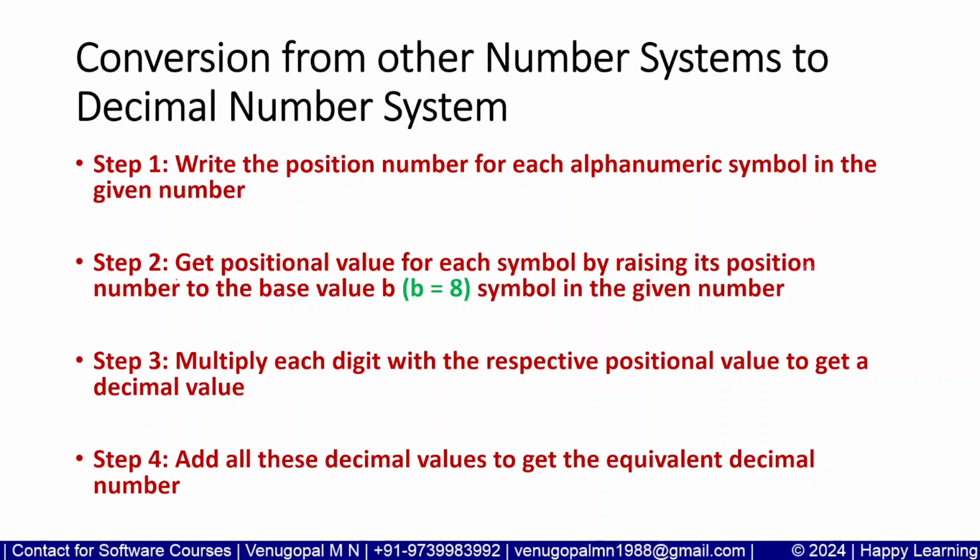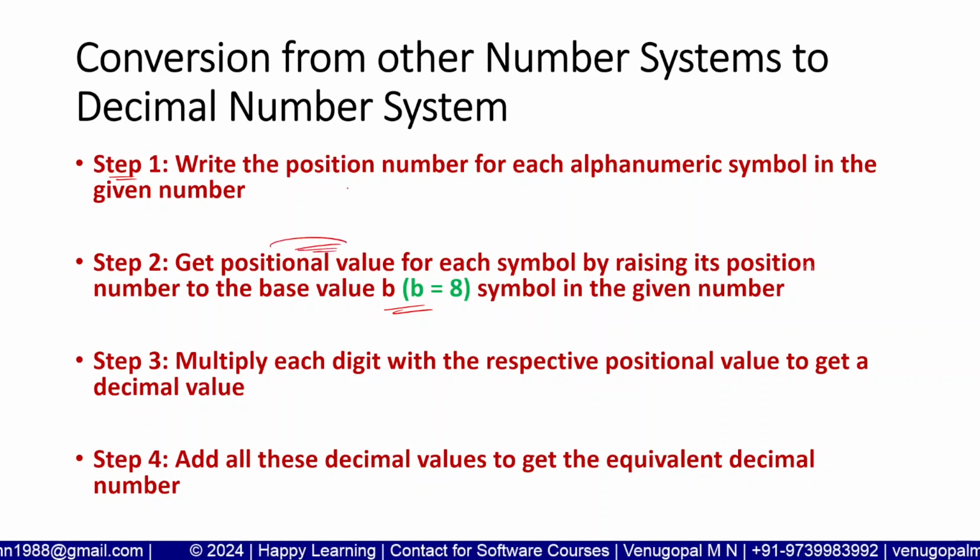If you see step 1 over here, write the position of a number for each alphanumeric symbol in the given number. We have to write down the position number. Then get the positional value for each symbol by raising its position number to the base value of the given number. This is very, very important.